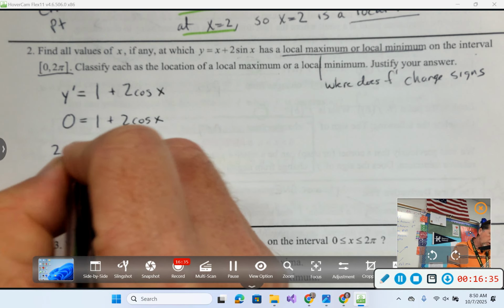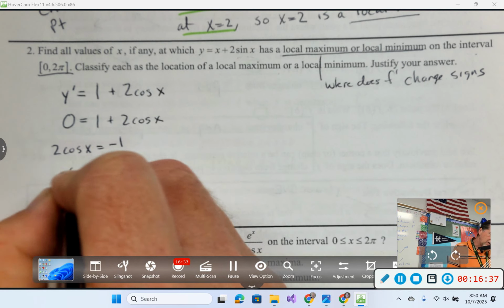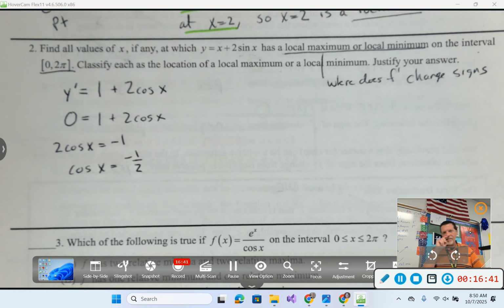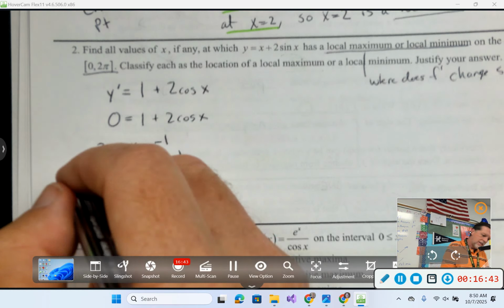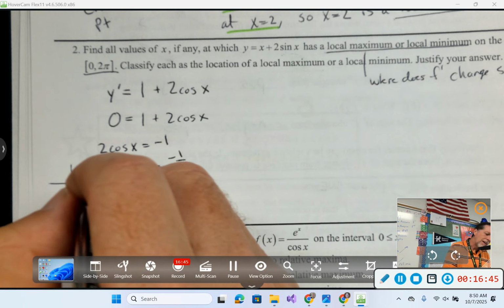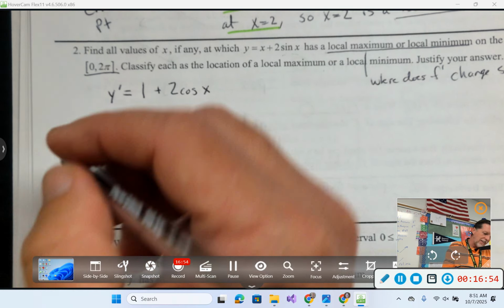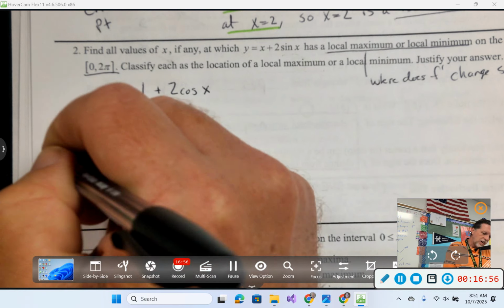So 1 plus 2 cosine x equals 0, so 2 cosine x equals negative 1. Cosine x equals negative 1/2. I don't have that memorized. I'm more thinking about the unit circle. Cosine is the left-right. So cosine is negative on the left-hand side. Cosine is the x-coordinate.